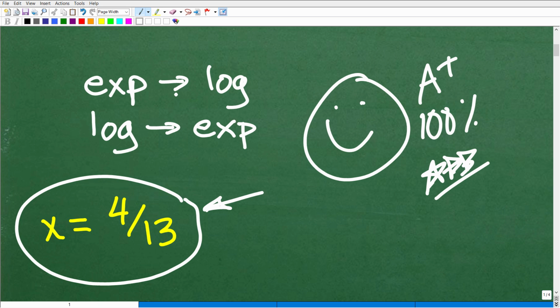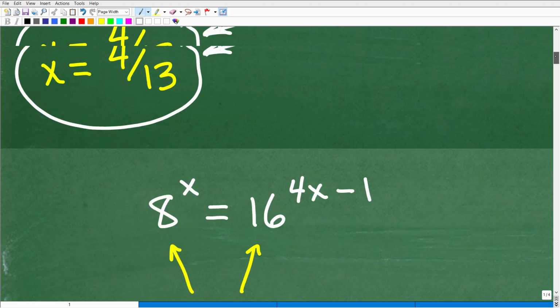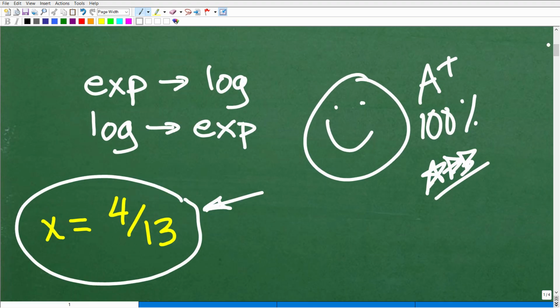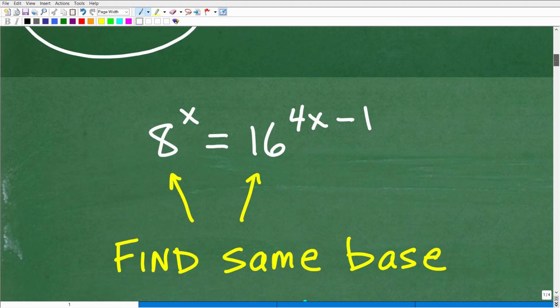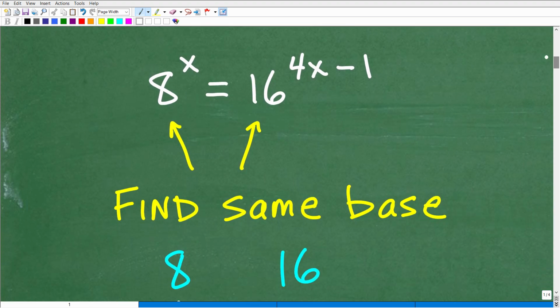I'm sorry, you will need your calculator to solve many exponential equations, but there are types of problems like this one here where you can solve an exponential equation without the aid of a calculator.